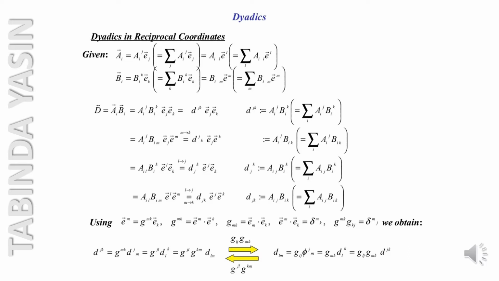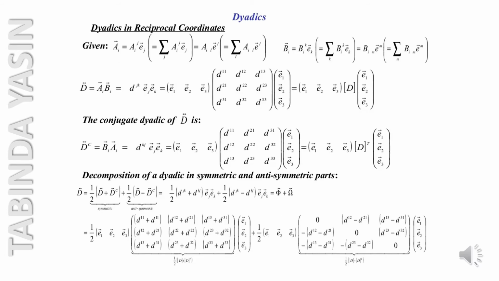We obtain djk is equal to gmk djm, that is equal to gij dik, is equal to gij gkm dim, that are interchangeable, so that is equal to dlm is equal to glj djm is equal to gmk dik, that is equal to gij gmk dij, where gij gmk is convertible, so we write it with the front and back arrow.